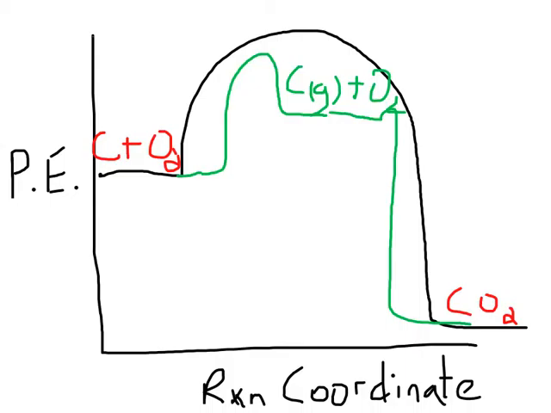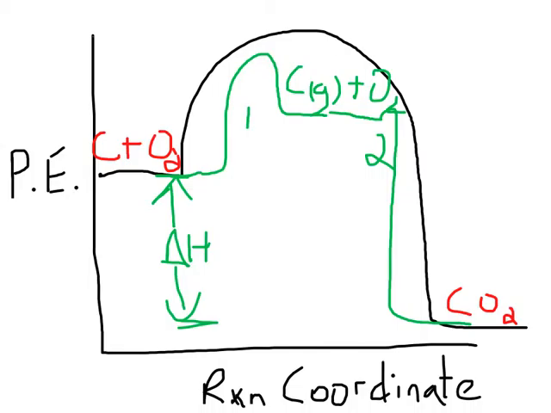Notice that there were actually 2 steps in the real process, but overall, the total delta H for the reaction didn't change despite the fact that I had 2 steps.